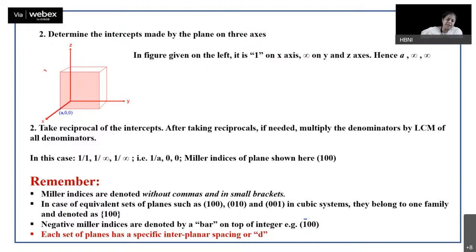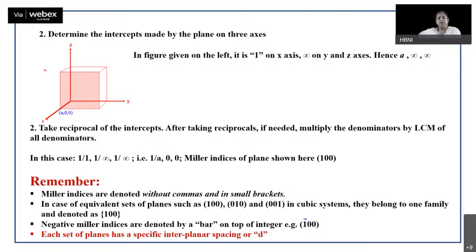This red shaded plane makes an intercept of a on the x-axis, but it is parallel to the y-axis and z-axis. So the intercepts made on y and z are infinity because the plane does not intersect them. So basically the coordinates are 1, infinity, infinity.